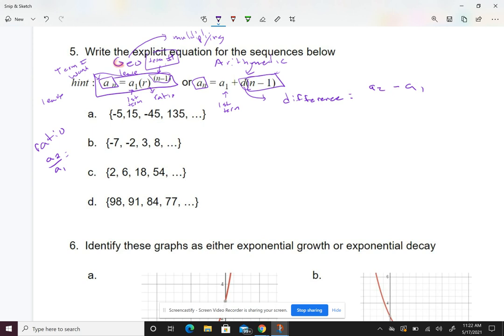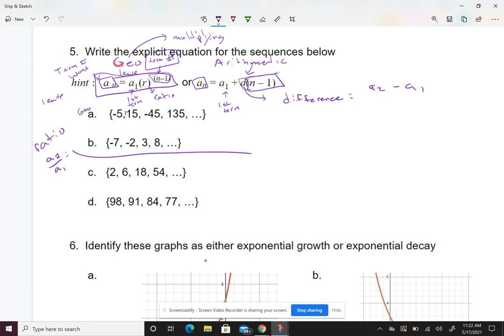So I'm just finding the explicit formula. The hardest part, guys, is determining: is it geometric or is it arithmetic? I'll take a look at the first two. We'll look at A. First of all, we've got to decide, is this arithmetic or geometric? The big giveaway is, you see how the signs are changing? We're going from a negative to a positive, back to a negative. This tells me that this has to be geometric.